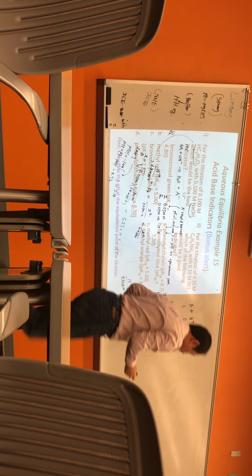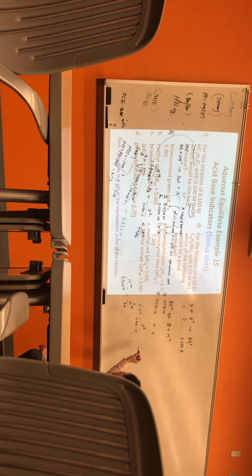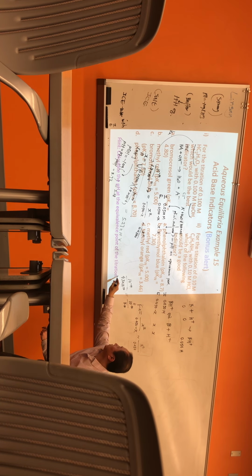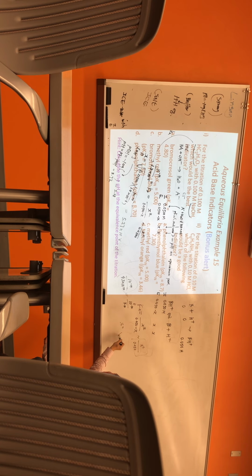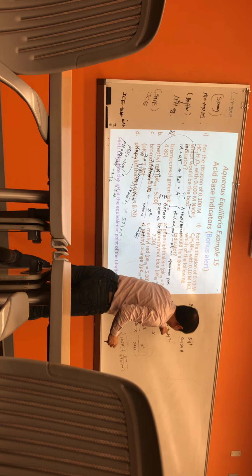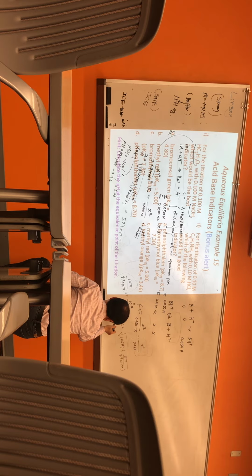So that will give some number. This one, we can approximate as 0.050, so x squared equals that. Together, we can solve for x. X is inside the square root, 0.050 times 10 to the negative 14 over 4.3 times 10 to the negative 10. And we are calling x H plus, so that's H plus.